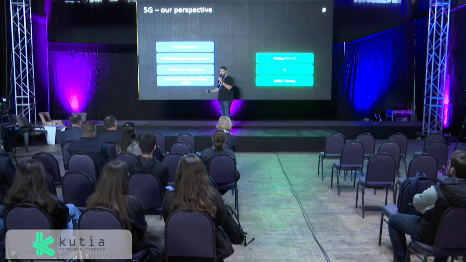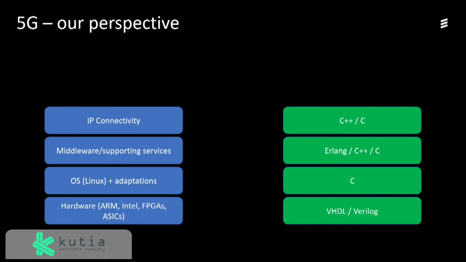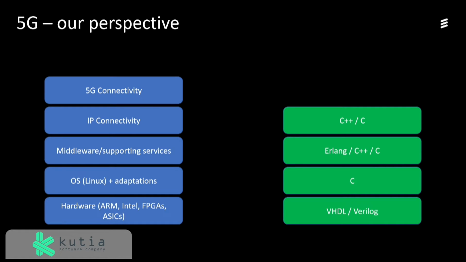We are usually working with the lower layers because we don't care really much about HTTP. We're just transporting it from point A to point B. On top of that, and of course, not to forget, again, C++ and C. I know this was unexpected. Then we have 5G connectivity, or 4G connectivity, or 3G or 2G, but since the topic of this talk is 5G, I'm going to limit myself to 5G.